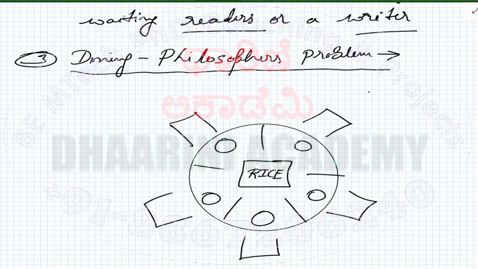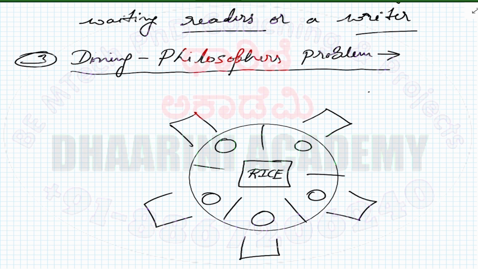When the hungry philosopher finishes eating, that philosopher will put both the chopsticks back and start thinking again. So thinking means no work, chopsticks are free. At that moment the chopsticks are available for other users. So these are the overall conditions.